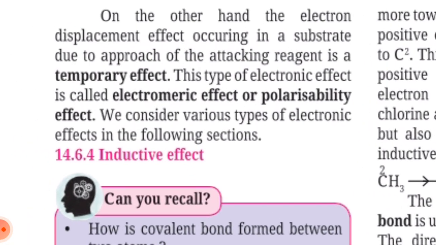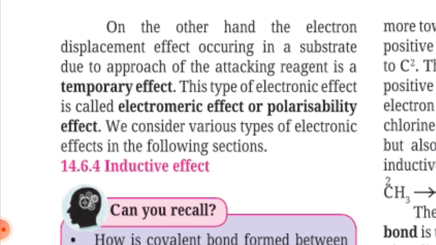On the other hand, the electron displacement effect occurring in a substrate due to approach of an attacking reagent is a temporary effect. This type of electronic effect is called electromeric effect or polarizability effect. We consider various types of electronic effect in the following section.